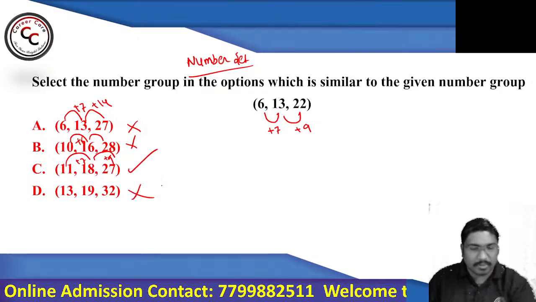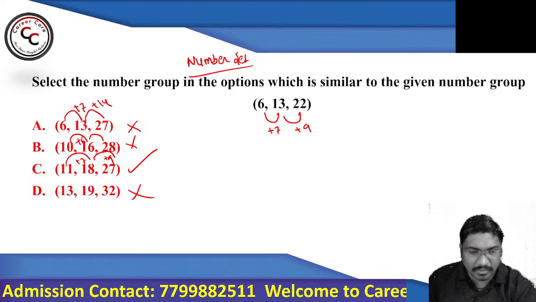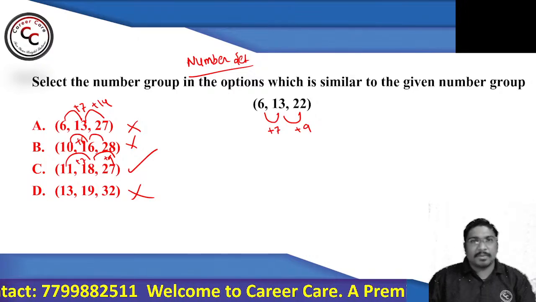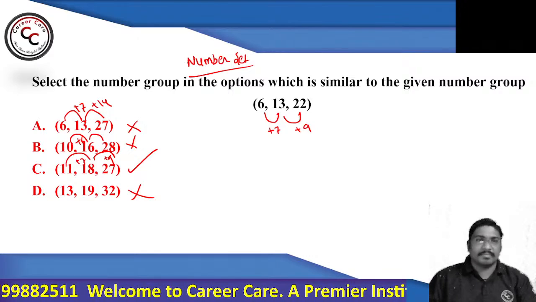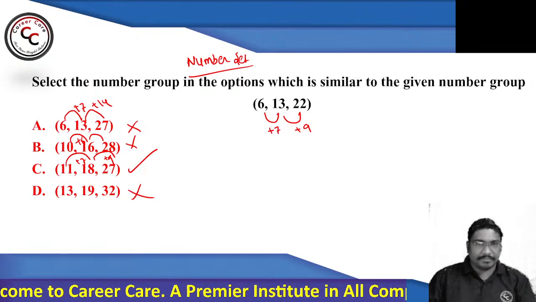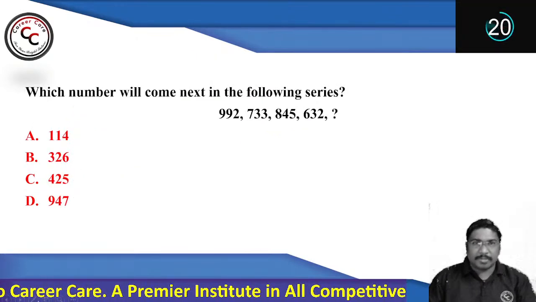Remaining everything you can ignore. So the best possible option according to this particular number set is option number C. 11, 18 and 27. No issue with that. Yes, Balu, option number C will be our answer.